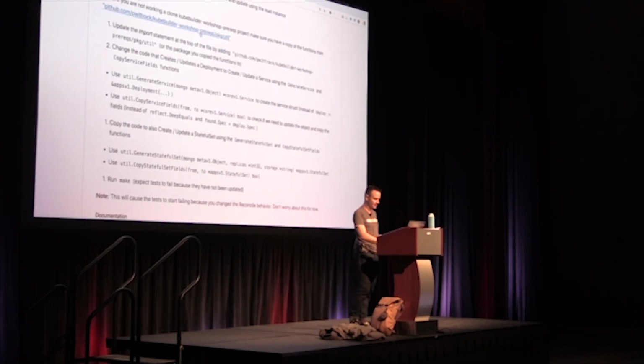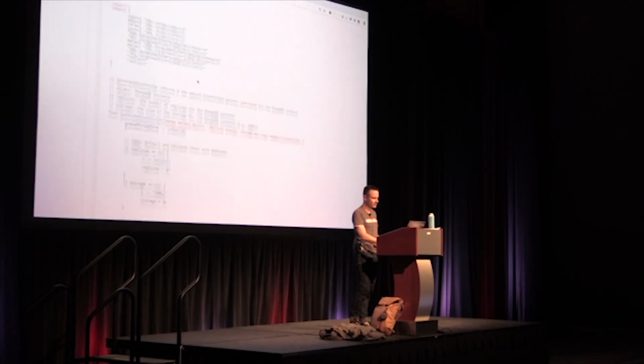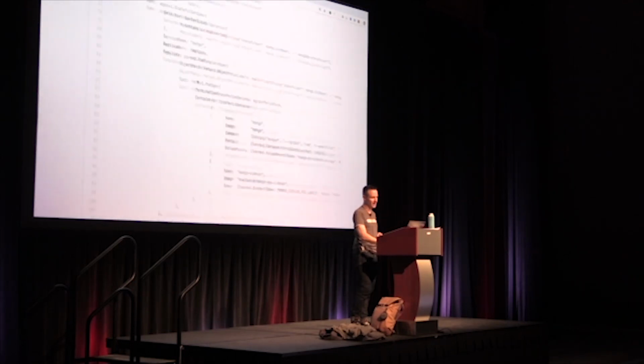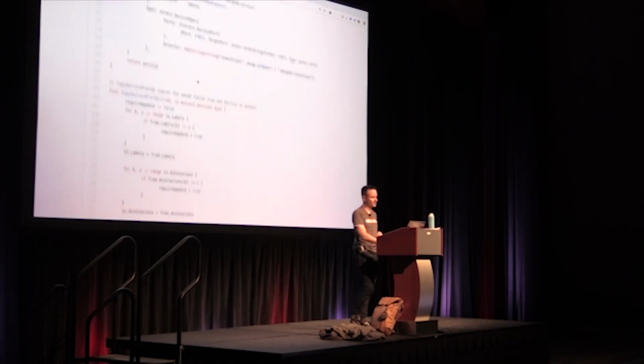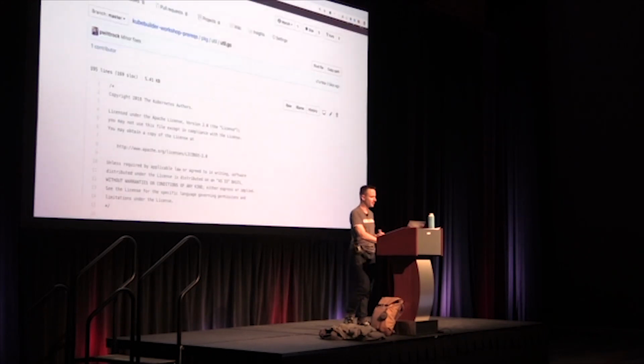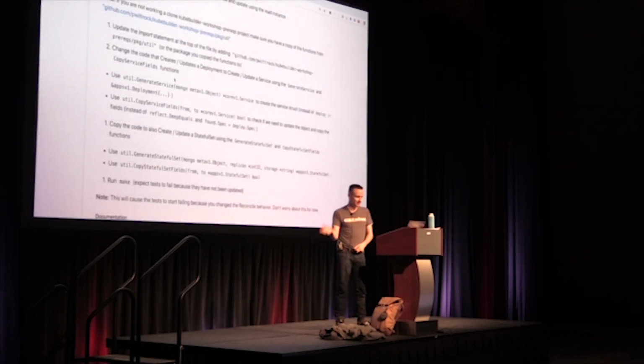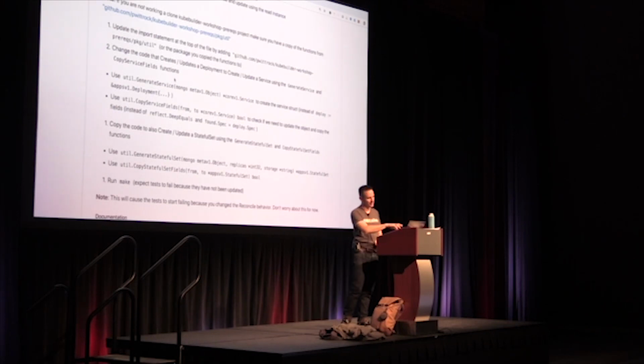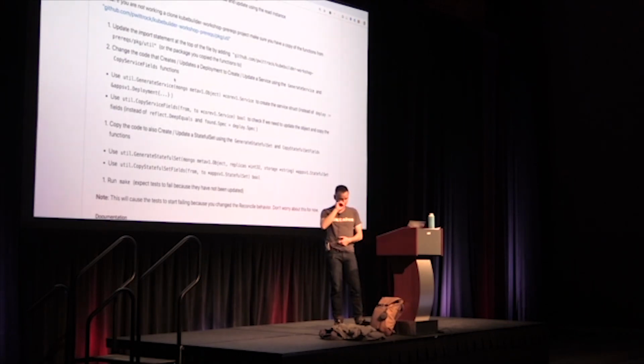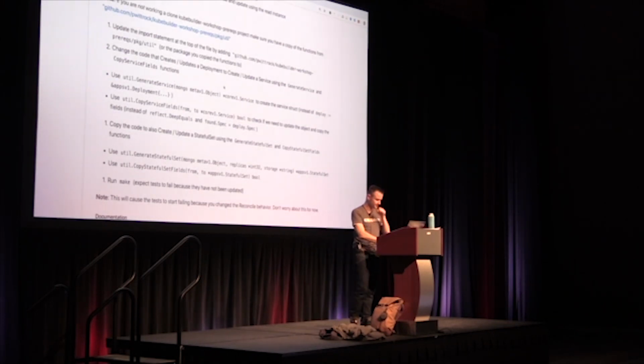Instead, you need to copy these into your project, create a util package, copy that Go code in there, and then make sure the import matches. So whatever Go package you're using for your project, just make sure that's what you import.